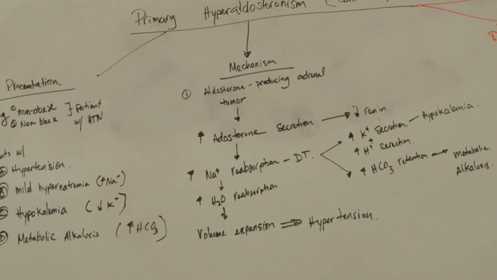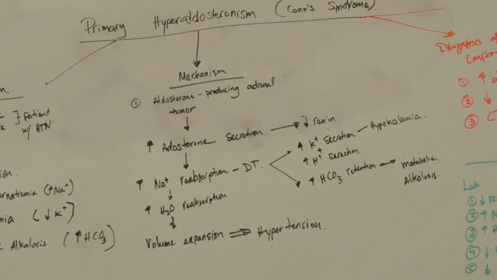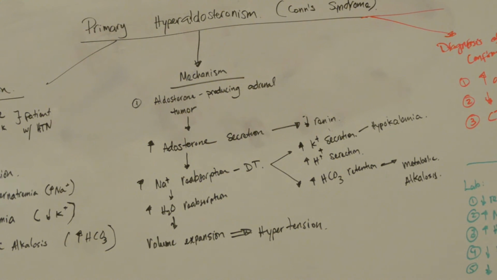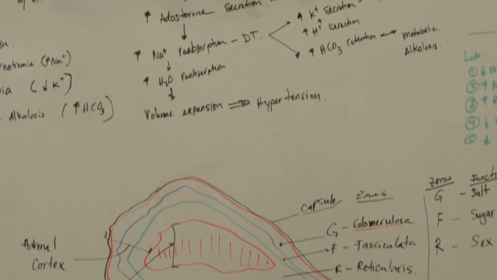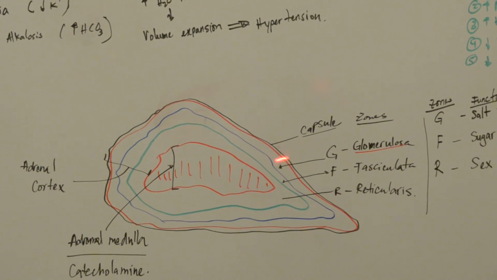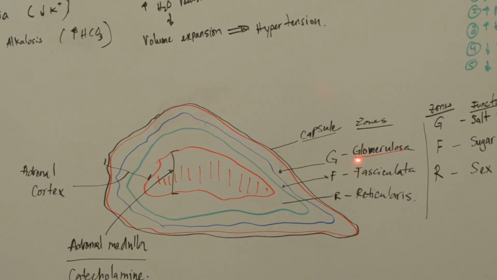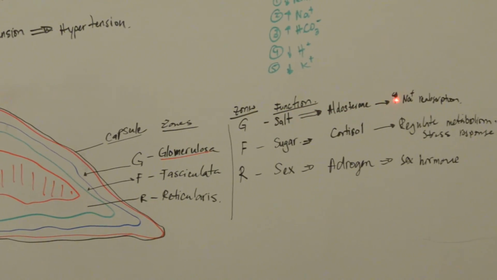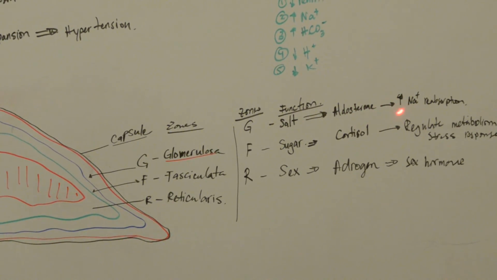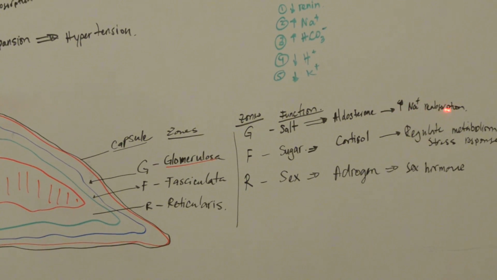So let's go back here, the mechanism of Conn's syndrome. It's caused by an aldosterone-producing adrenal tumor. The tumor is within the adrenal gland, and more specifically it's in the adrenal cortex. The layer that's involved is the first layer, which is the glomerulosa. The glomerulosa is the layer that is involved in the secretion of aldosterone, and aldosterone causes an increase in sodium reabsorption.